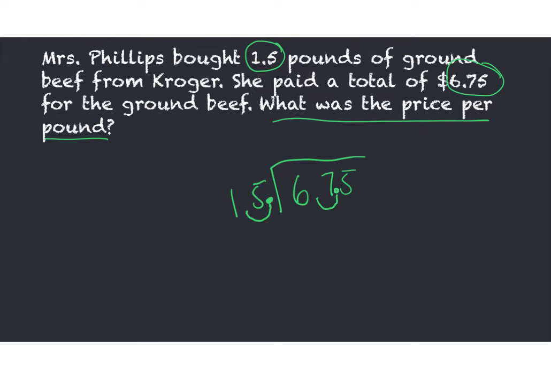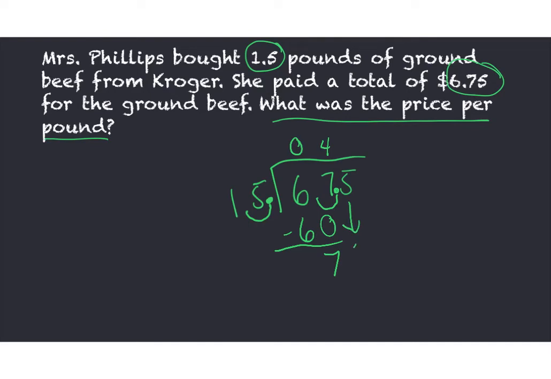Now we're going to divide as if this were a whole number. So 15 will not go into 6, but 15 will go into 67. It'll go 4 times. 4 times 15 is 60. 67 minus 60 is 7.